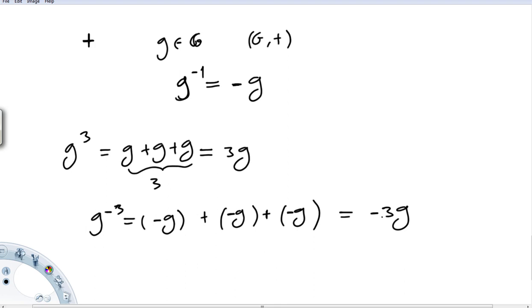When this notation is used, we have to be careful with this notation, nG, because this n here may not even be an element of the group. This is an element of the group operated n times.